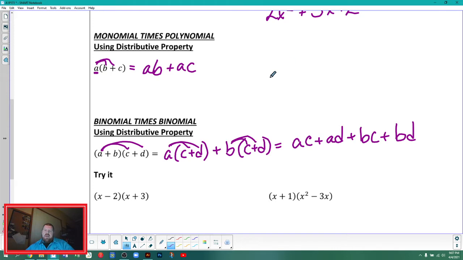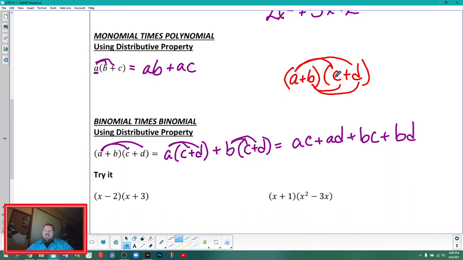Now, a quicker way to do that process is to think about doing those two steps in one. Multiply the A by everything, kind of what I started to do, and also multiply the B by everything, and just go in order.